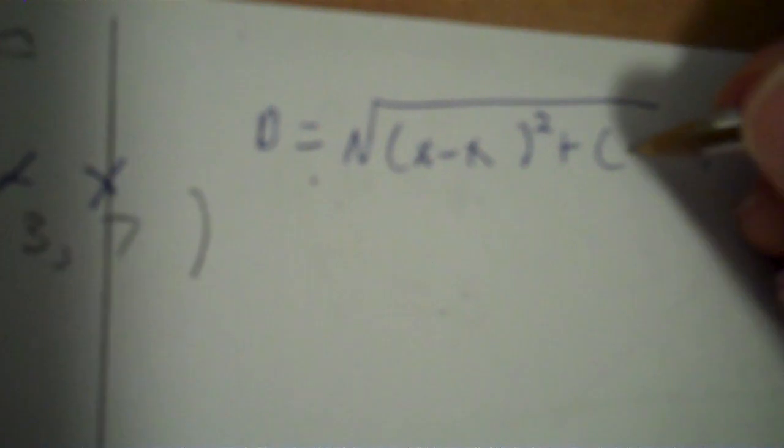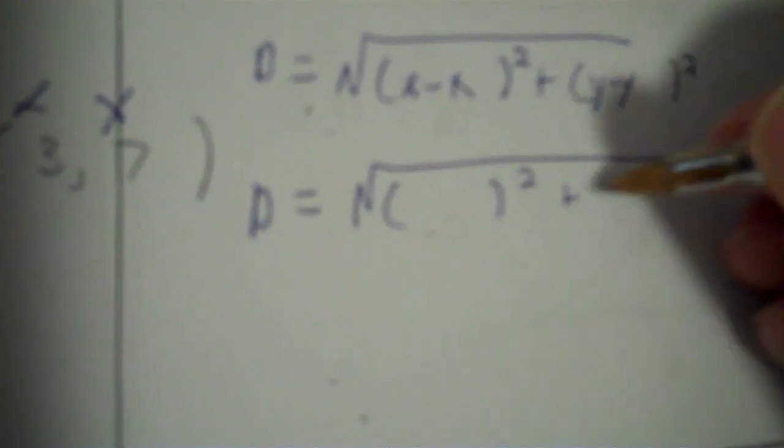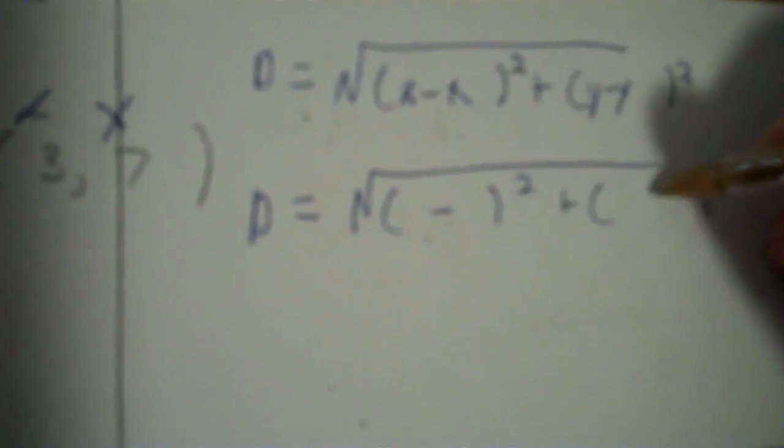Distance is the square root of parentheses plus parentheses, x minus x to the second plus y minus y to the second. So distance equals, okay, now we're just going to substitute for the x's and the y's. X minus x, well, I'd start with my higher x.